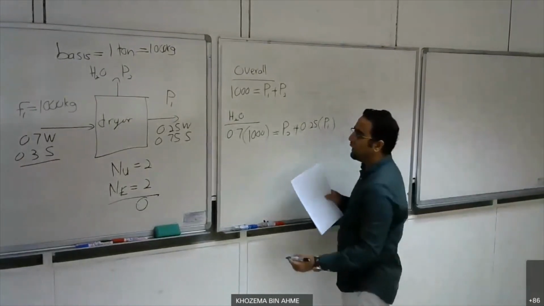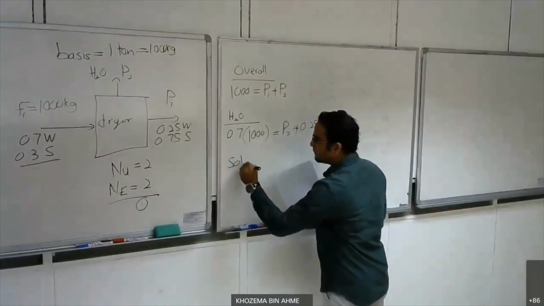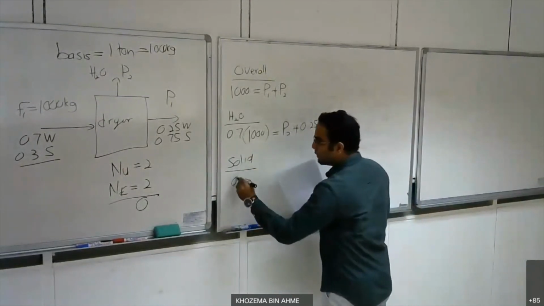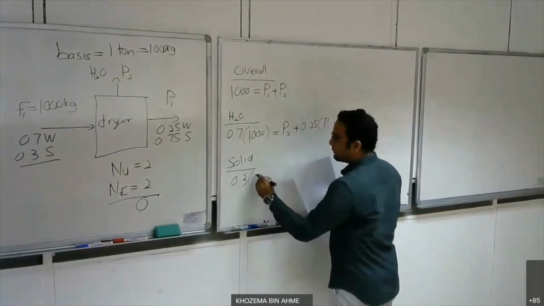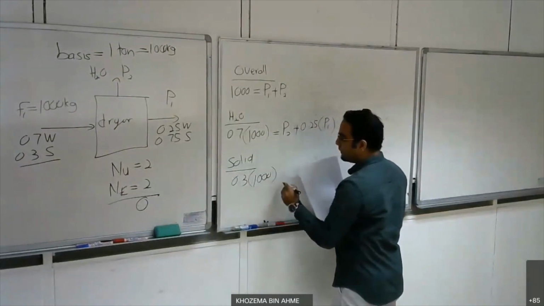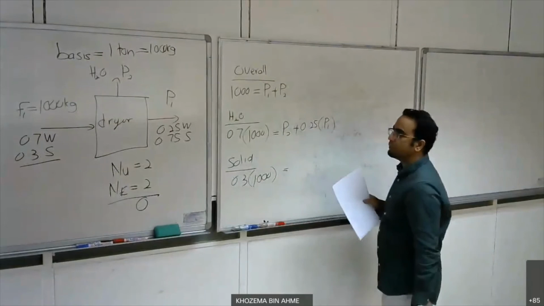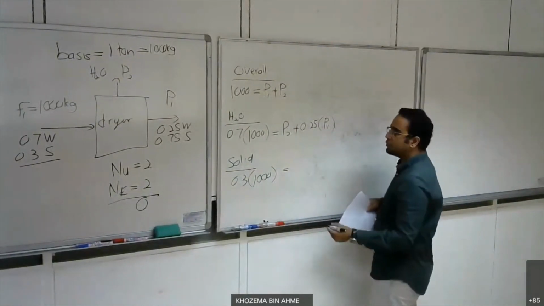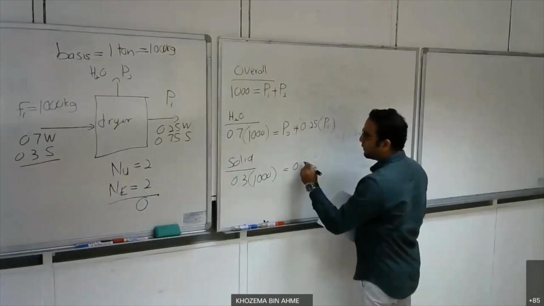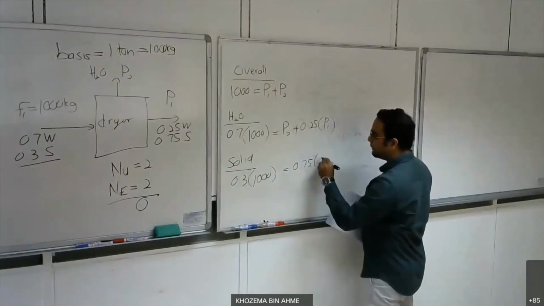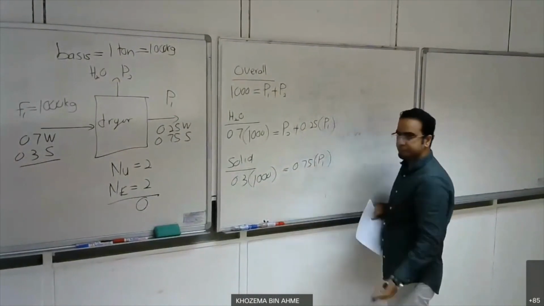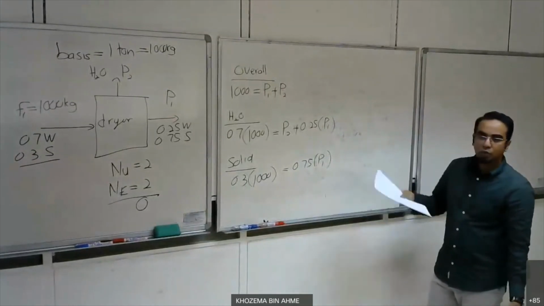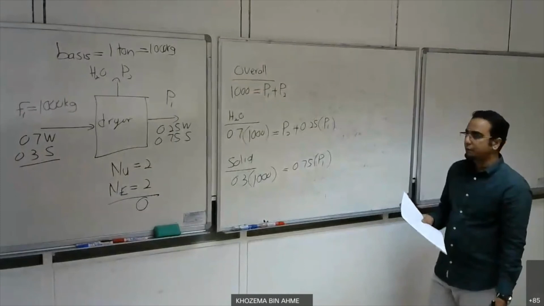And if I do balance on solid, 0.3 times 1000 is equal to, there is no solid in our P2, so it's going to be 0.75 times P1. So I have 3 equations, 2 of them are independent, one of them is dependent.